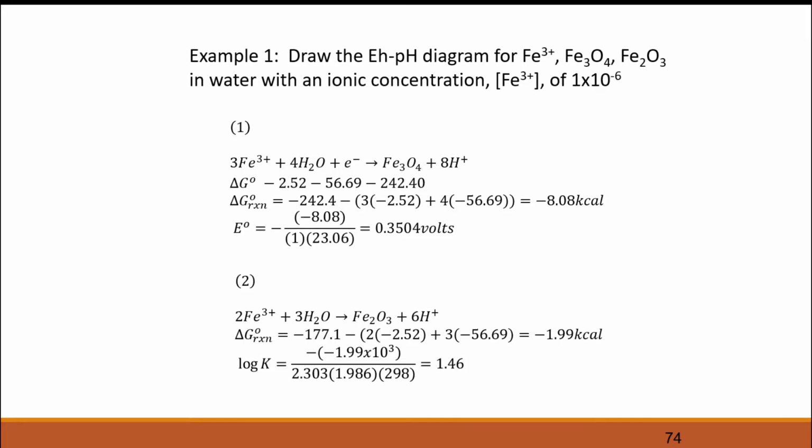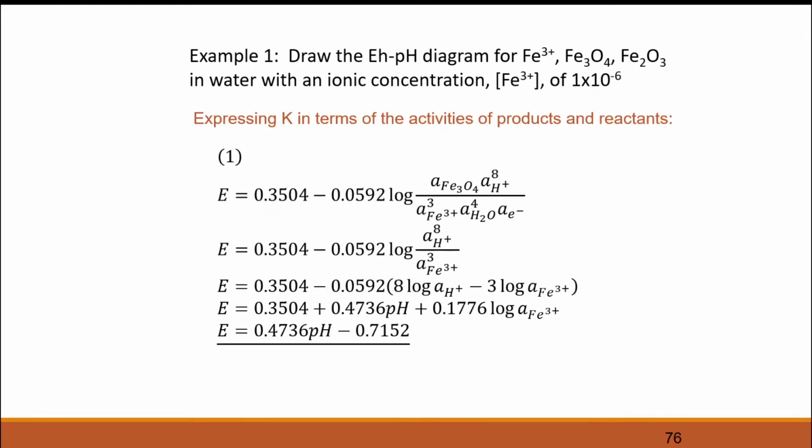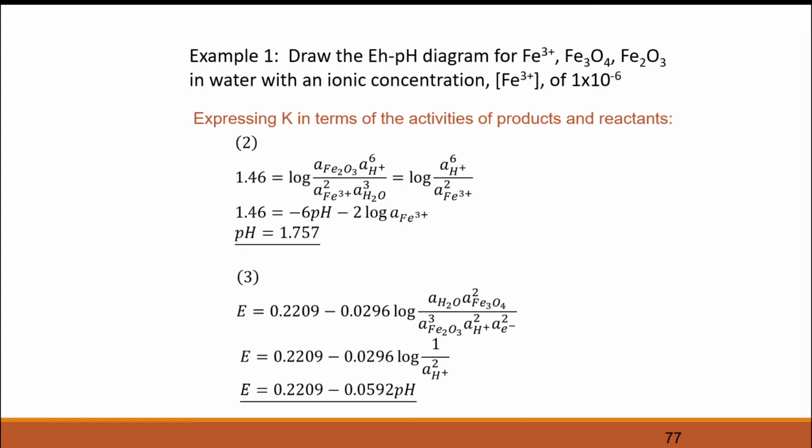Now, i-expand na lang natin itong K na to. So, 1.46 is equal to logarithm of the products over the reactants, and yung products natin is Fe₂O3 times the activity of H plus raised to the power of 6 divided by the activity of Fe3 plus raised to the power of 2 multiplied by the activity of H2O raised to the power of 3.